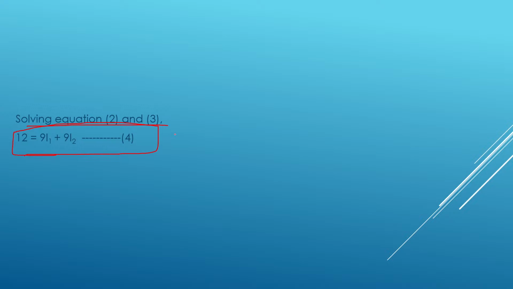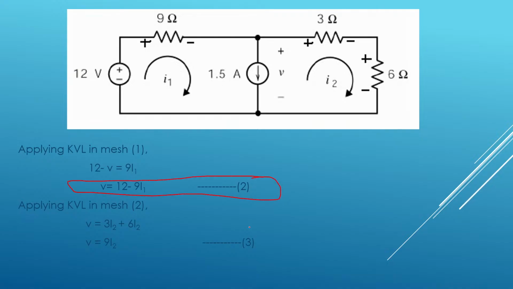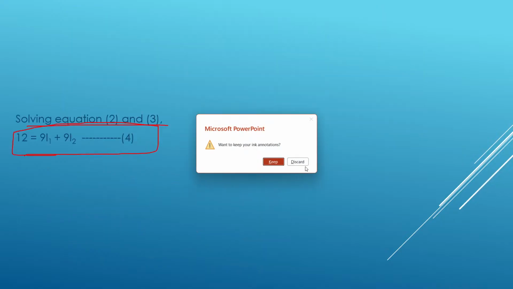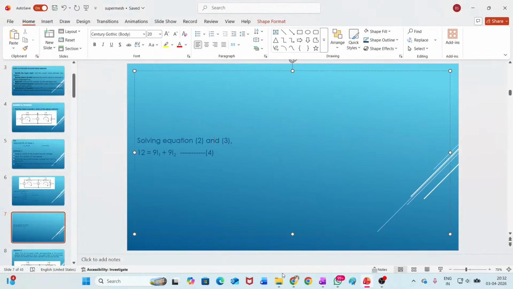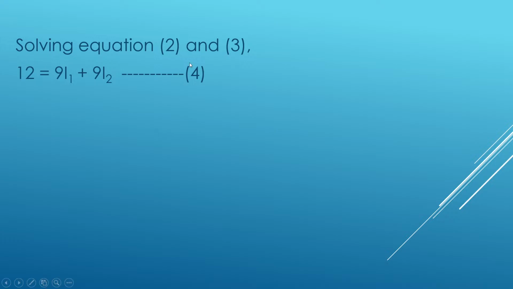So by simply equating equation 2 and equation 3, I have got 12 is equal to 9I1 plus 9I2. Consider it as equation number 4.